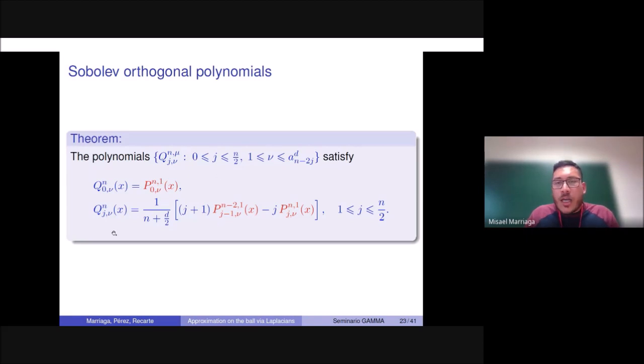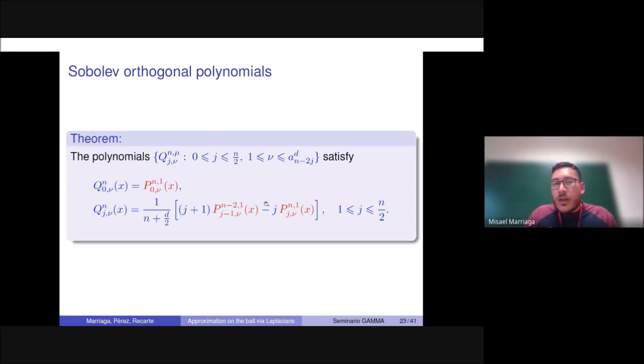But whenever j is different than 0, the Q is just a linear combination of two classical ones, okay? One classical polynomial of total degree n, and another classical polynomial of degree n minus 2, okay? Here, there's a gap. Here, the polynomial of degree n minus 1 is missing, okay?